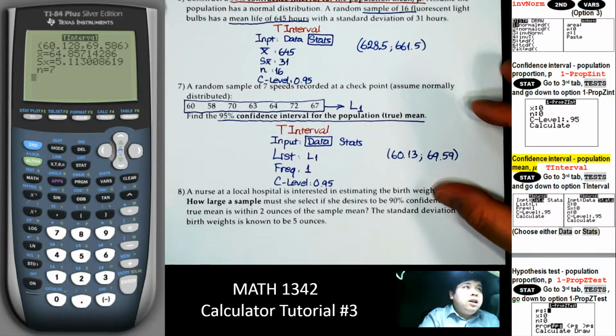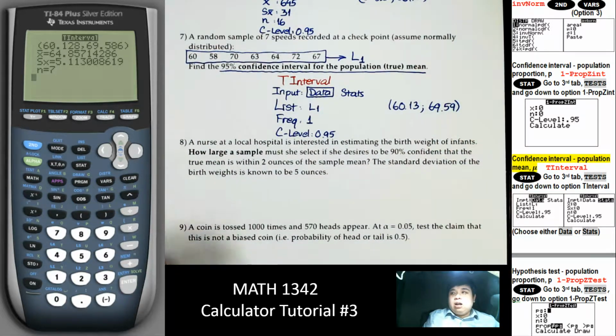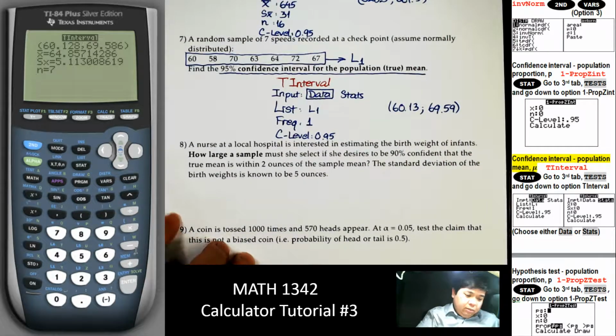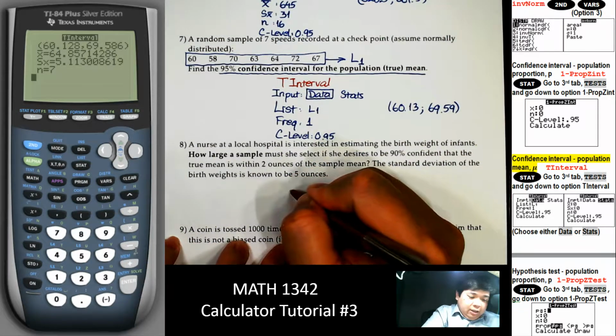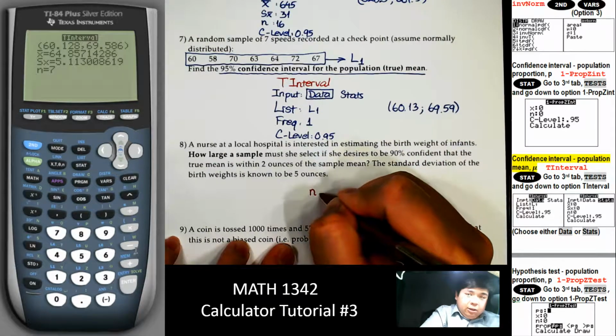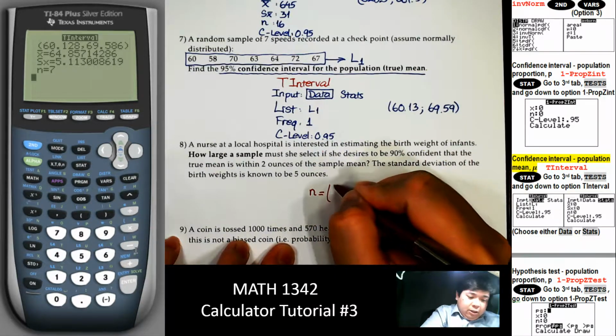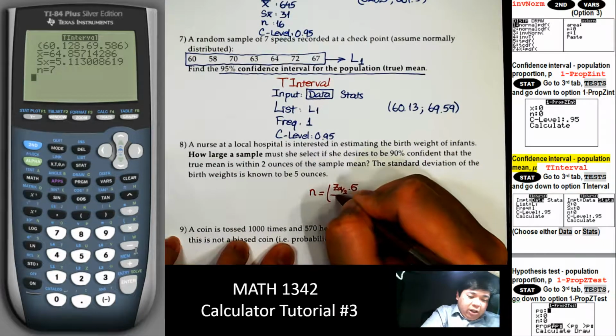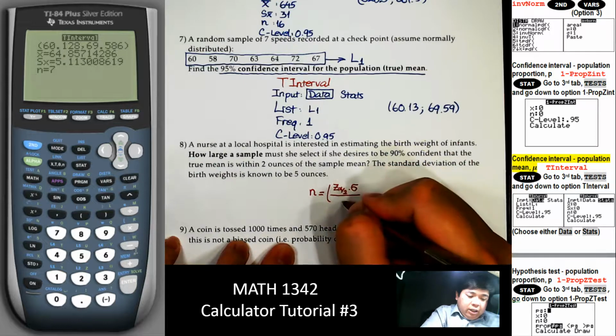Right. Next we have the sample size. So the sample size for the mean is z alpha over 2 times standard deviation over E, squared.